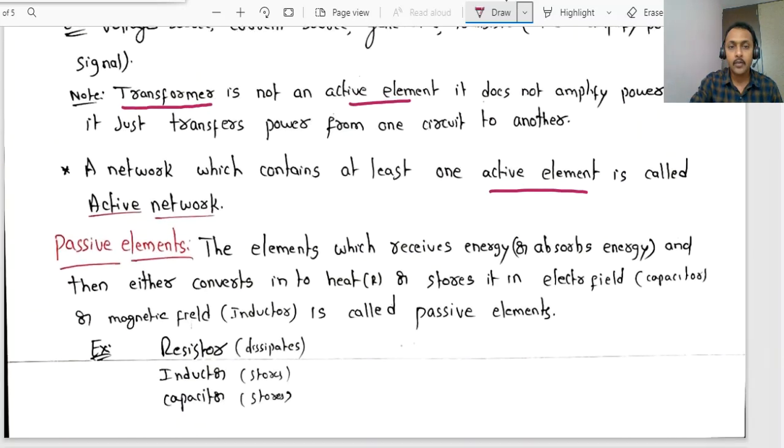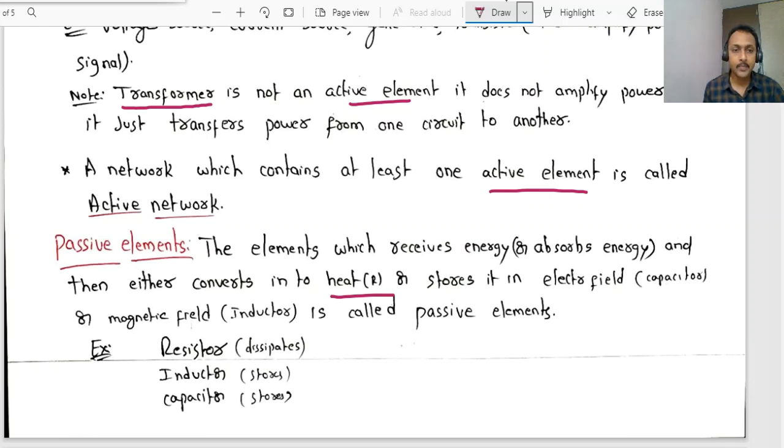Opposite to that, right? In our electrical circuits, we have elements which receive or absorb the energy, right? If it is a resistor, the absorbed energy will be converted or dissipated in the form of heat. If it is an inductor or capacitor, they will store the energy. A capacitor stores the energy in electric field form. An inductor stores the energy in magnetic field form, right?